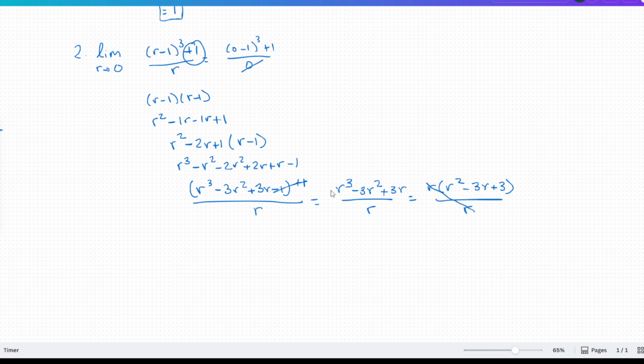These r's cancel out, and we're left with a much nicer looking function that we can plug 0 into. So we'll have 0 squared minus 3 times 0 plus 3, and our y value is approaching 3 on the y-axis.